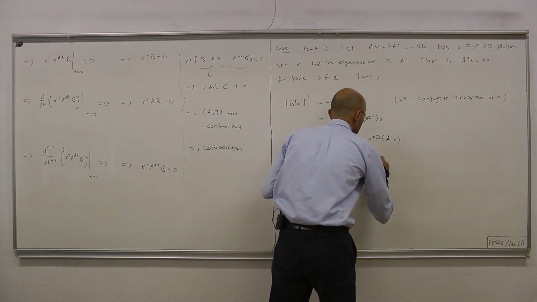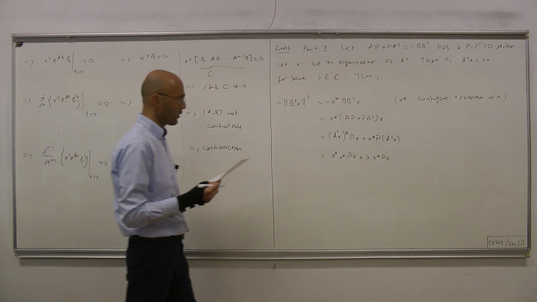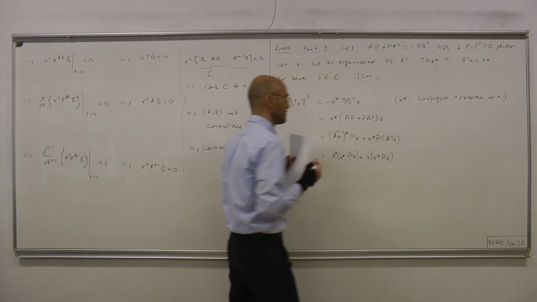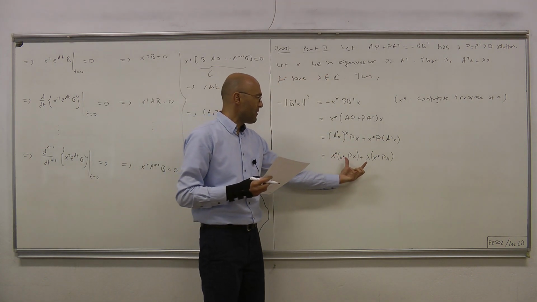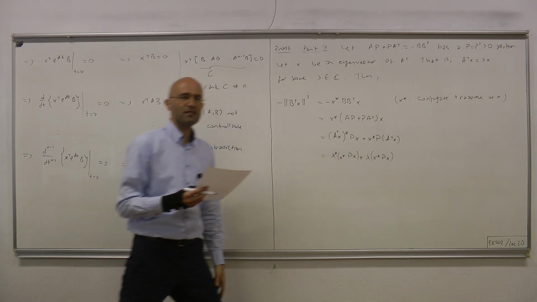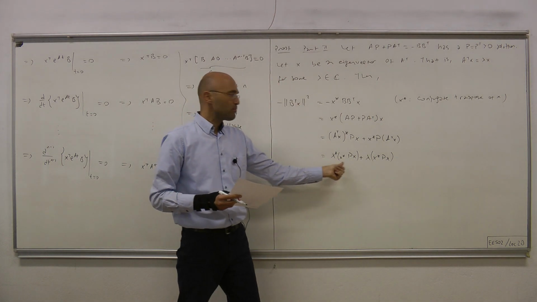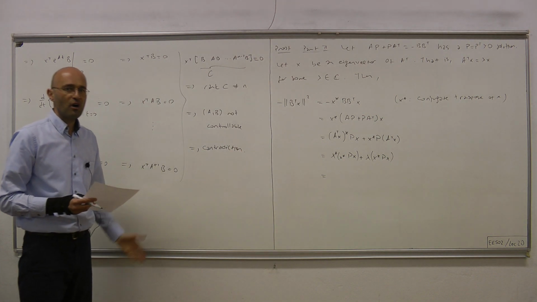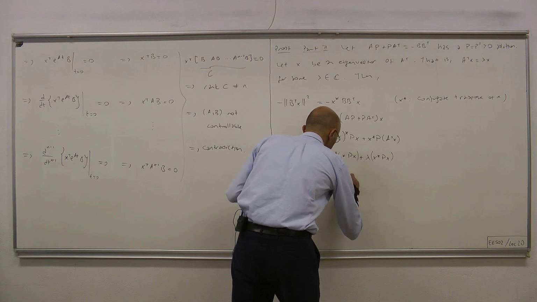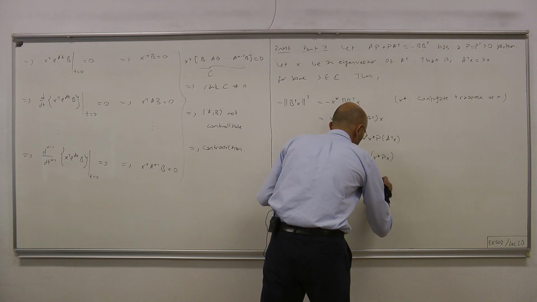Here we have X conjugate transpose P X again. Therefore, we can write this as (λ conjugate + λ) times X conjugate transpose P X. Now, λ conjugate plus λ clearly is 2 times the real part of λ. So here we have 2 times the real part of λ times X conjugate transpose P X.